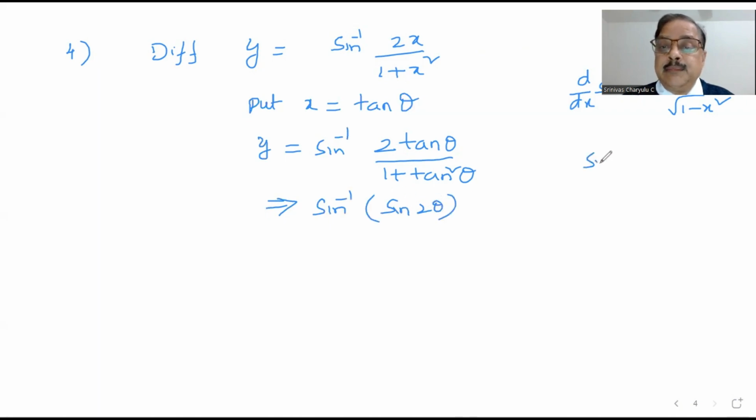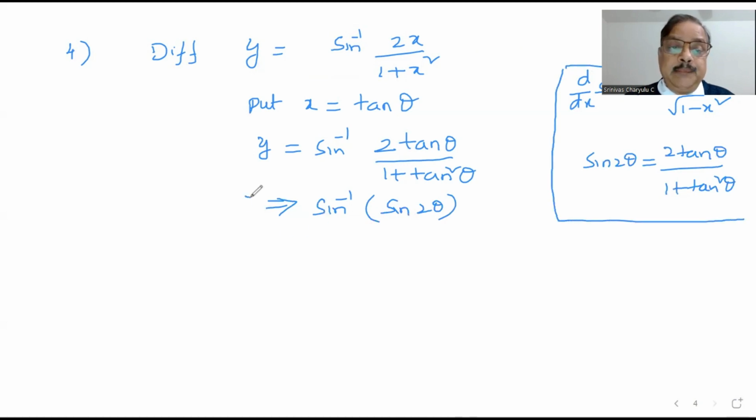So this formula, please check up from your basic trigonometry. Sine 2 theta is also called 2 tan theta by 1 plus tan square theta. So I am putting this here.